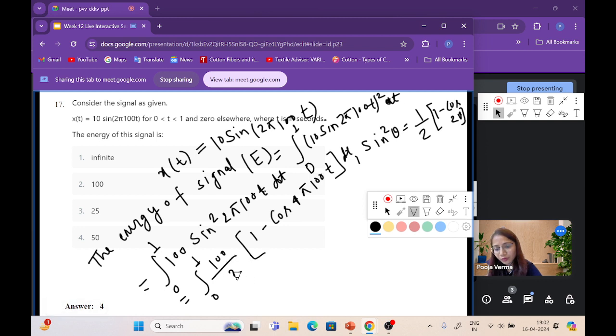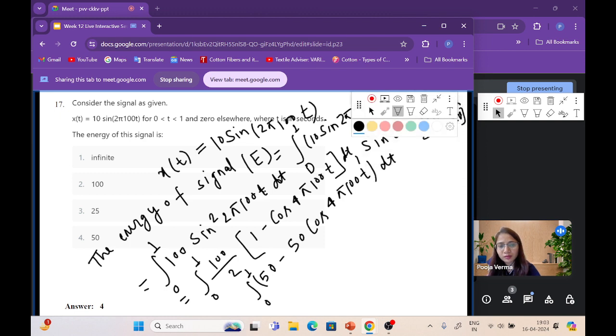So it is 0 to 1, 50 minus 50 cos 4 pi 100 t, all in integration. Yeah. Now we need to integrate this.